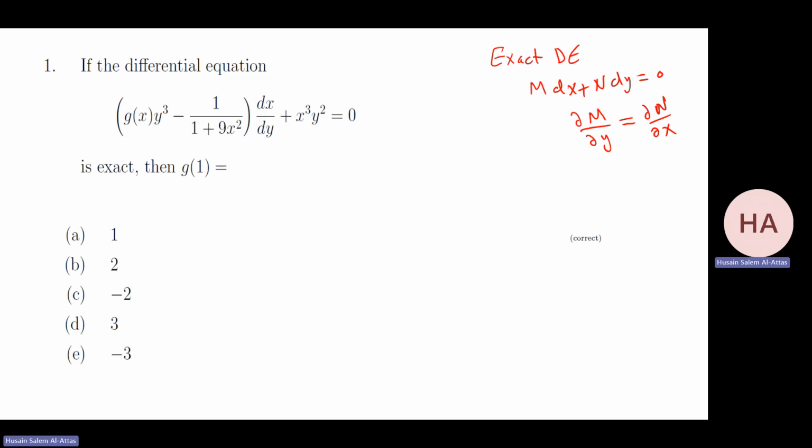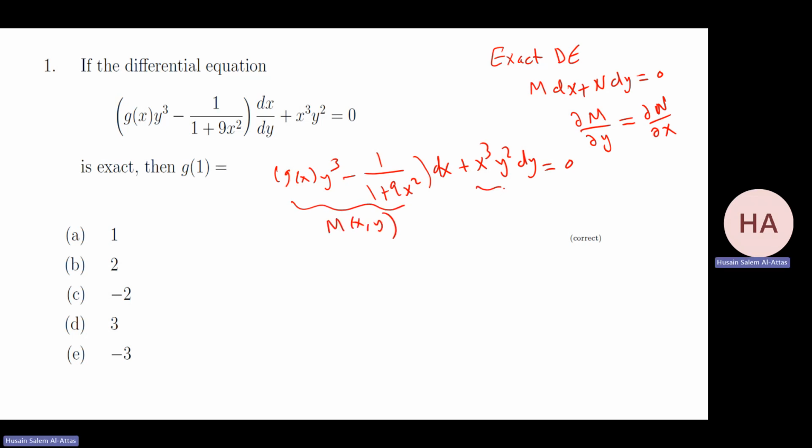So we have this equation: g of x, y cubed minus 1 over 1 plus 9x squared dx plus x cubed y squared dy equal to 0. So this is M of x and y, and this is N of x and y.